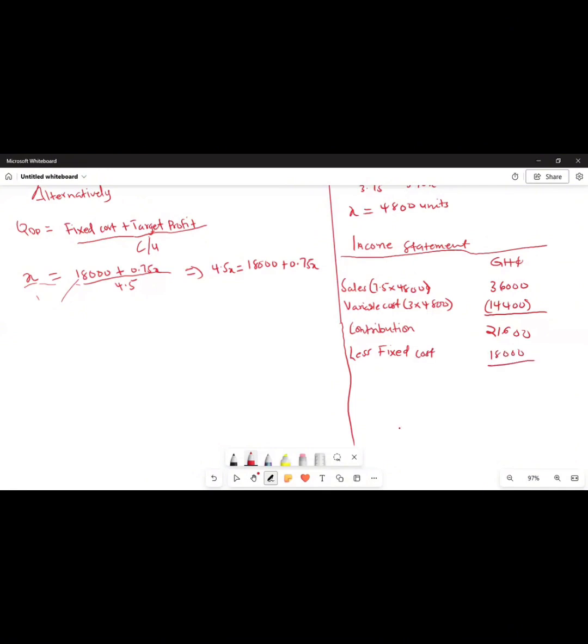So 21,600 minus 18,000 will give us 3,600, which is our net profit.